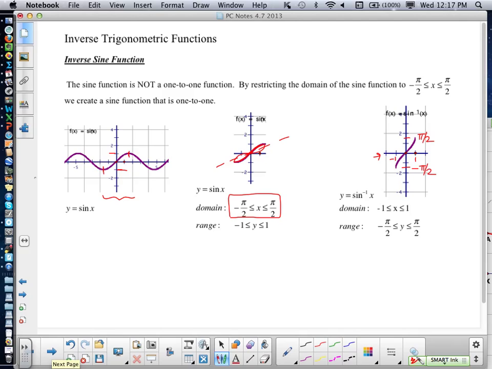All of the negative sine ratios are included, and all the positive sine ratios are included. If we look at this graph, this is where all the negative sine ratios would be. This is where all the positive sine ratios. And for all of those possibilities from -1 to 1, your angle measures are going from -π/2 up to +π/2.